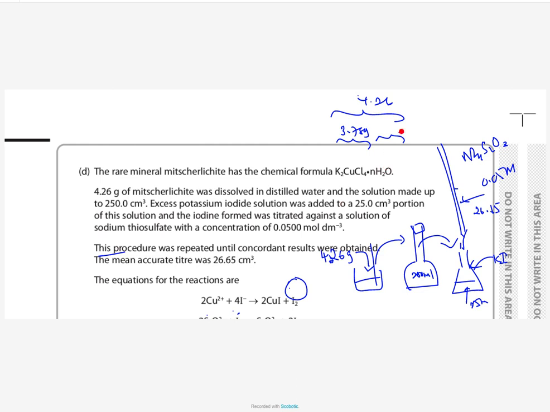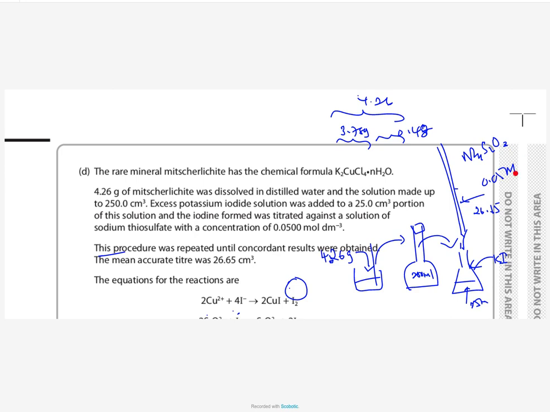0.47. What is 0.47? Because 0.47 plus 0.3, plus 3.78, you should get the total mass, 4.26. Yeah, so 4.26 minus 3.78, 0.48, sorry, this is 0.48.